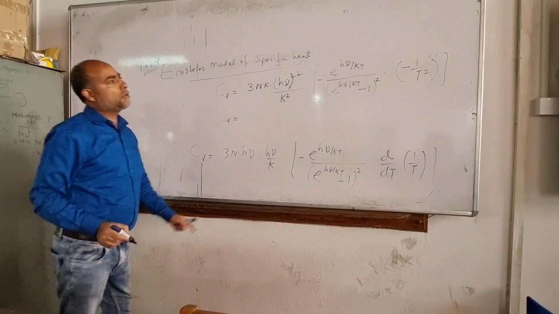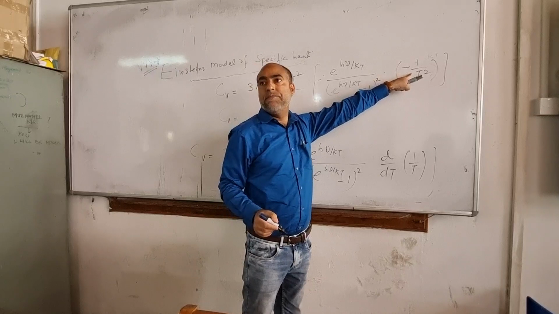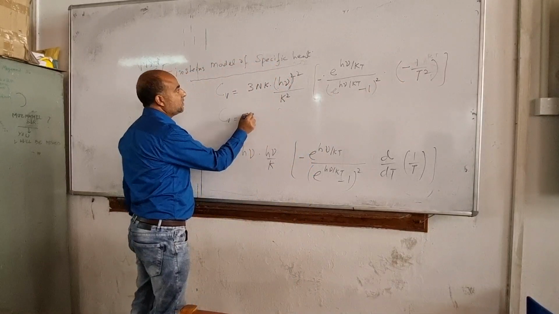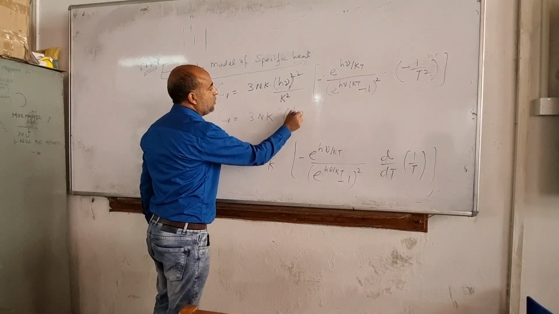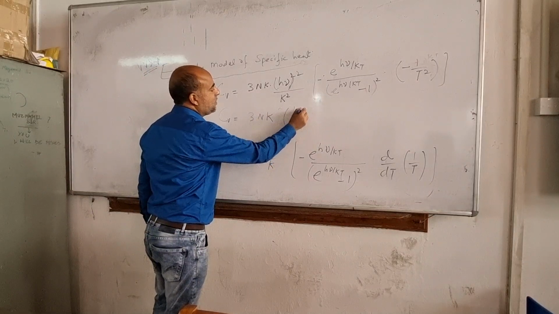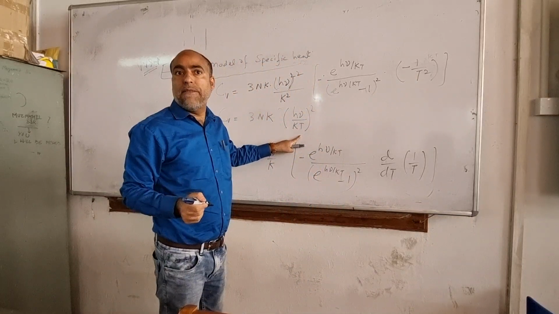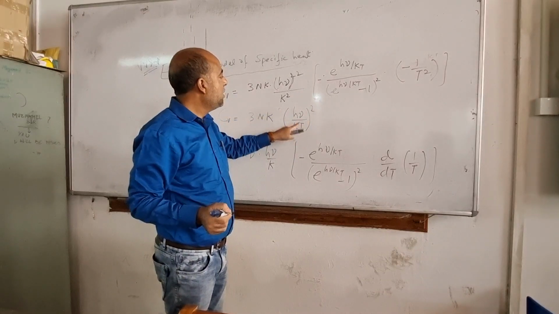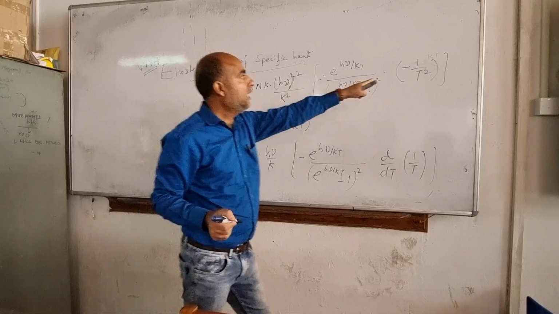So Cv is equal to, now I will take, see, minus and minus will become plus. 3nk, it will be h nu by kt square. 1 by t square I will be taking out of the square brackets. So it will be (h nu) square by k square and t square.